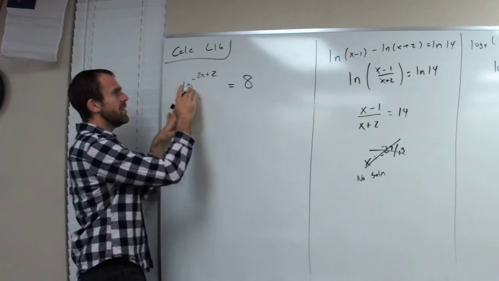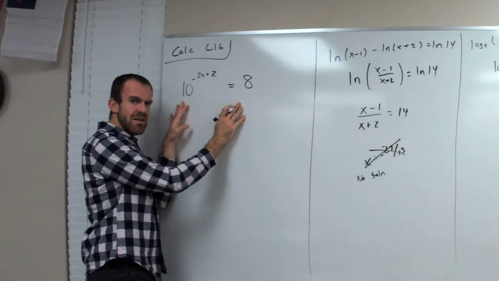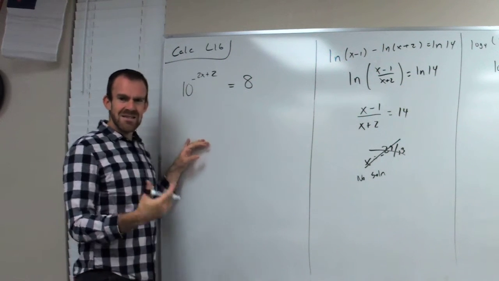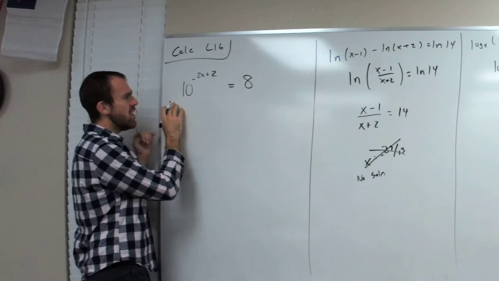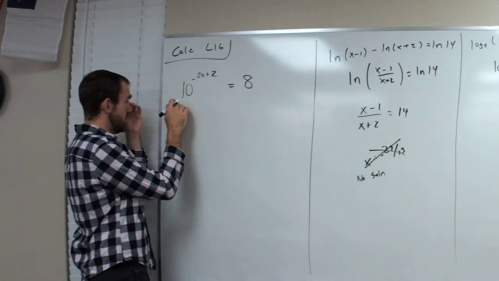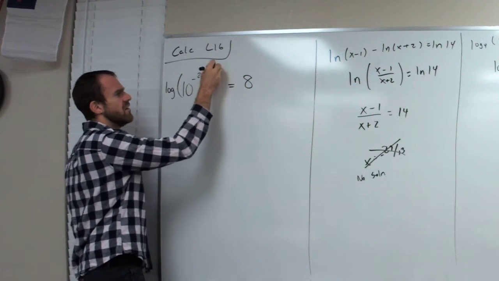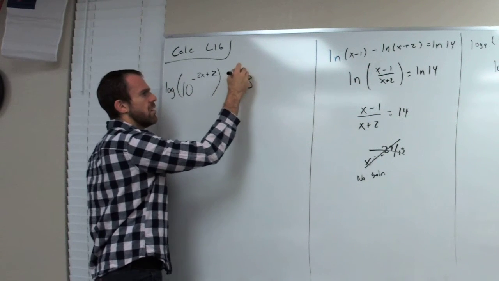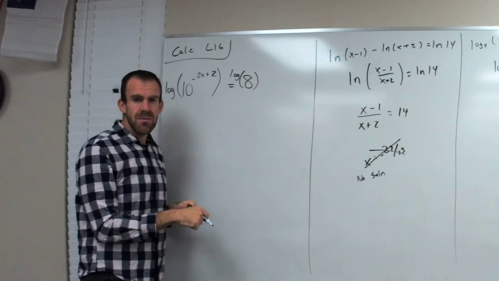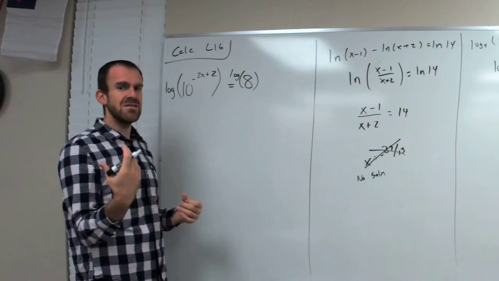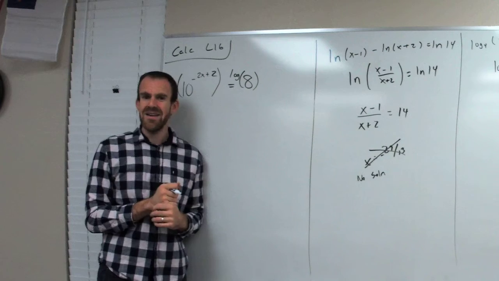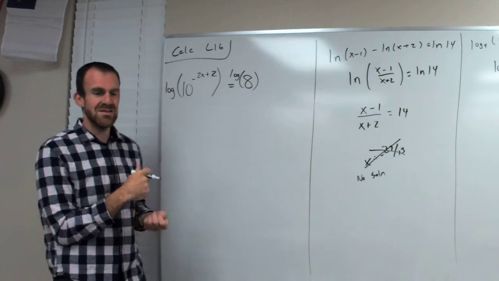So here, I'm going to either take a log or an ln of both sides. It makes sense to take a log because log of 10 will cancel, because log is log base 10. So I'm going to take log of both sides. If I had an e in my problem, I would use ln. If I had neither 10 nor e, I would use ln because it's one less letter to write each time.